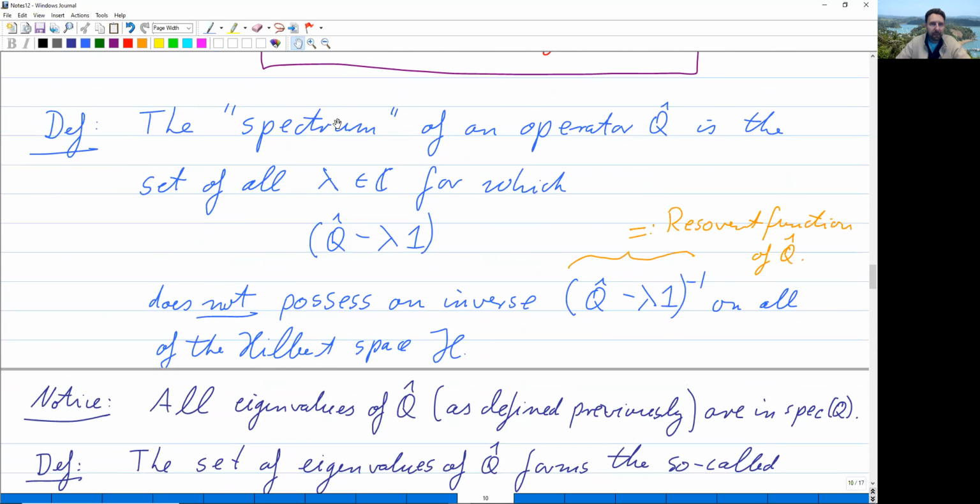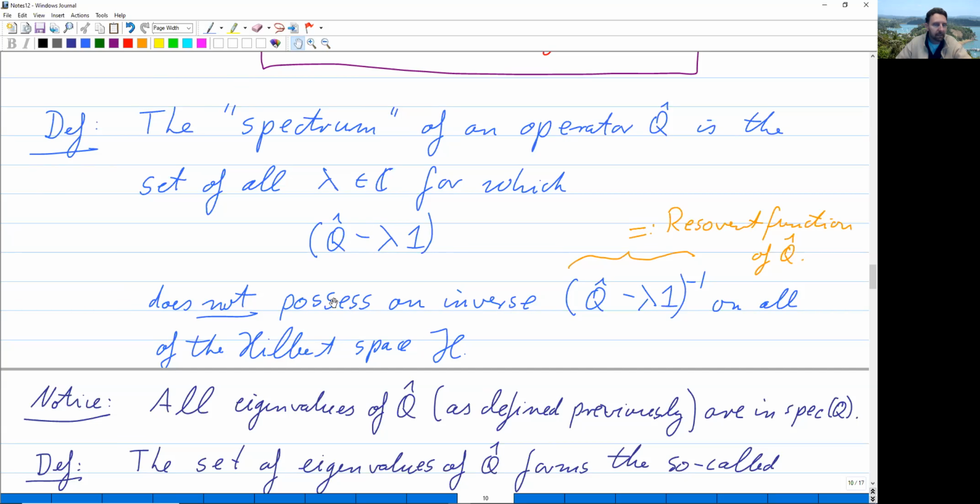See, the spectrum is defined as the set of all those values lambda such that this thing doesn't have an inverse on the Hilbert space. So either it has no inverse, and we just covered that case, or it has an inverse, but it's not defined on the entire Hilbert space.